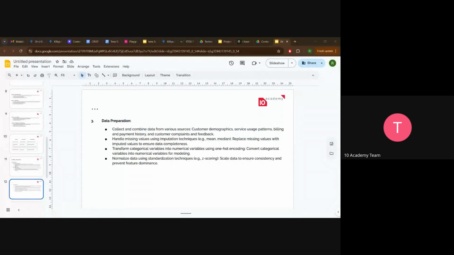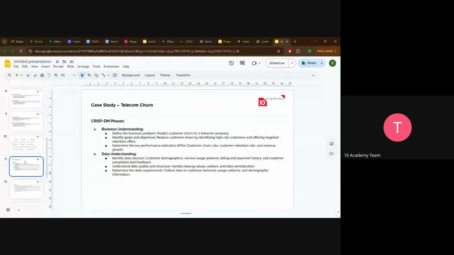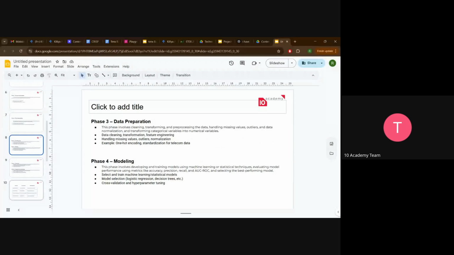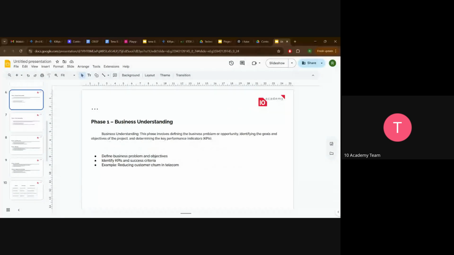Guys, here we're trying to mention the KPIs in order to measure the terms that we've put, like here, determine the key performance indicators: what is the goal, the objective of the project.